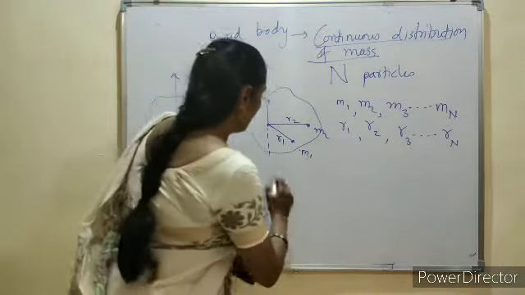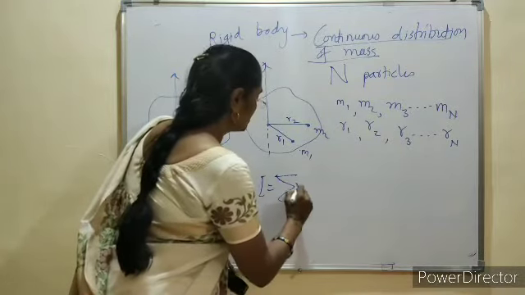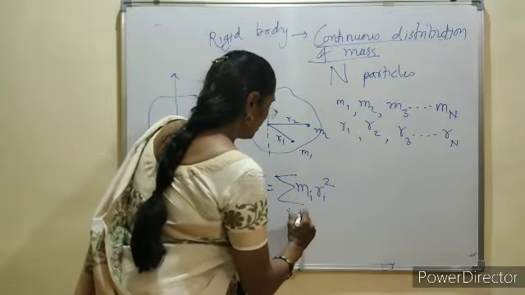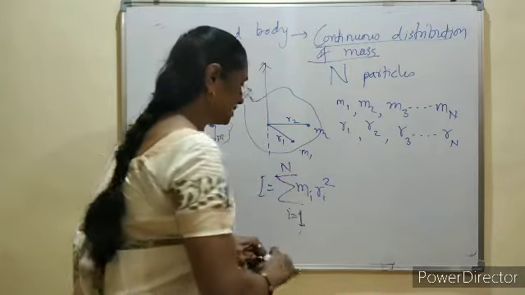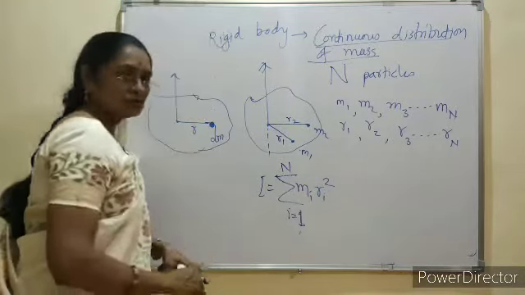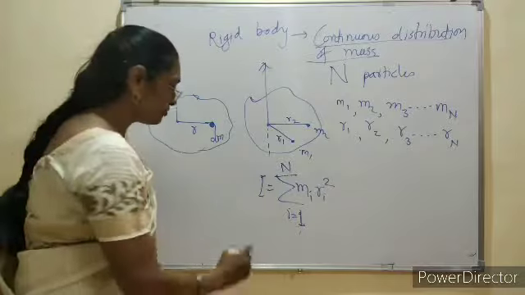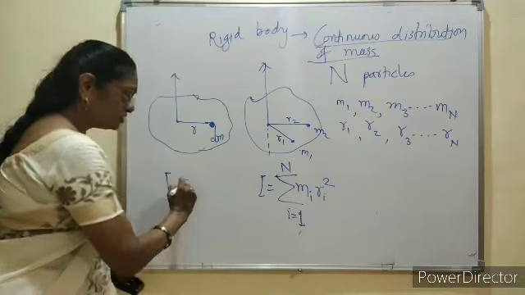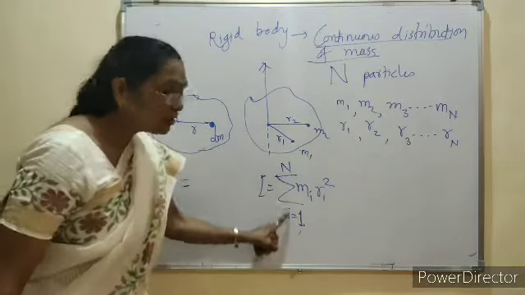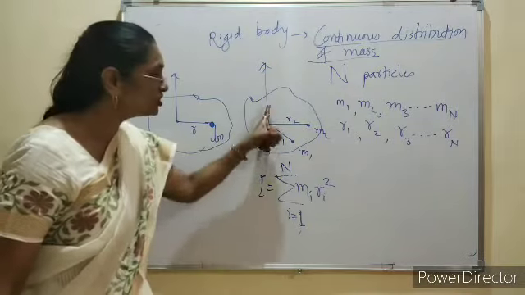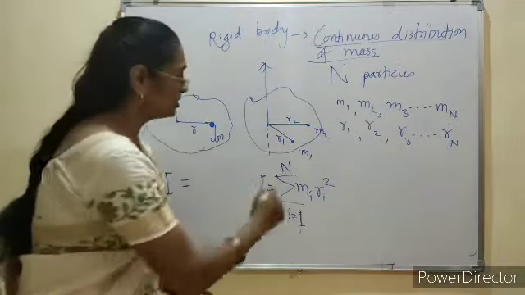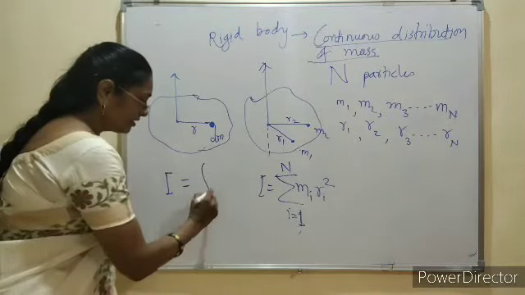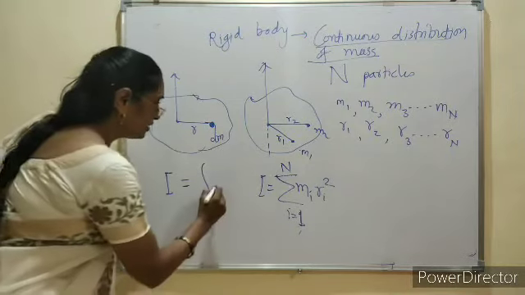So again we write the expression that we have studied, the sum of the product of mass and square of its distance. Moment of inertia we denote by I. It is equal to, instead of summation for discrete distribution, we replace summation by integration. This is the symbol of integration.